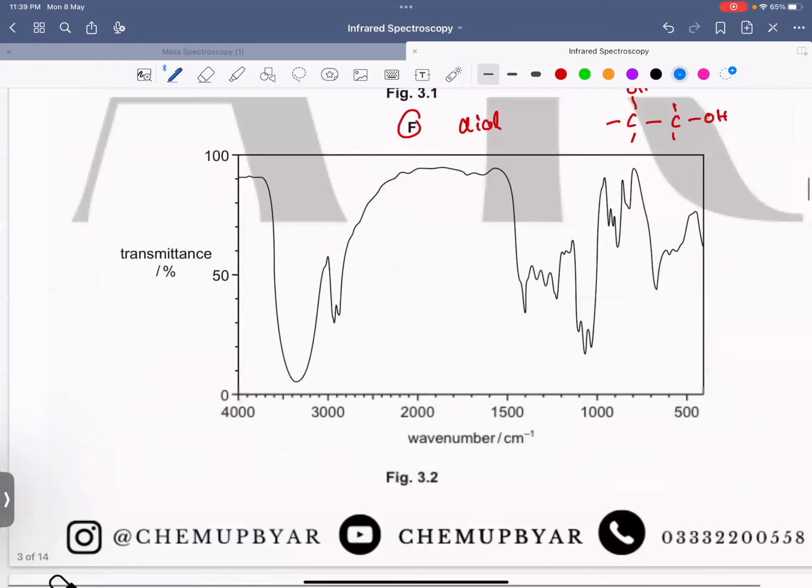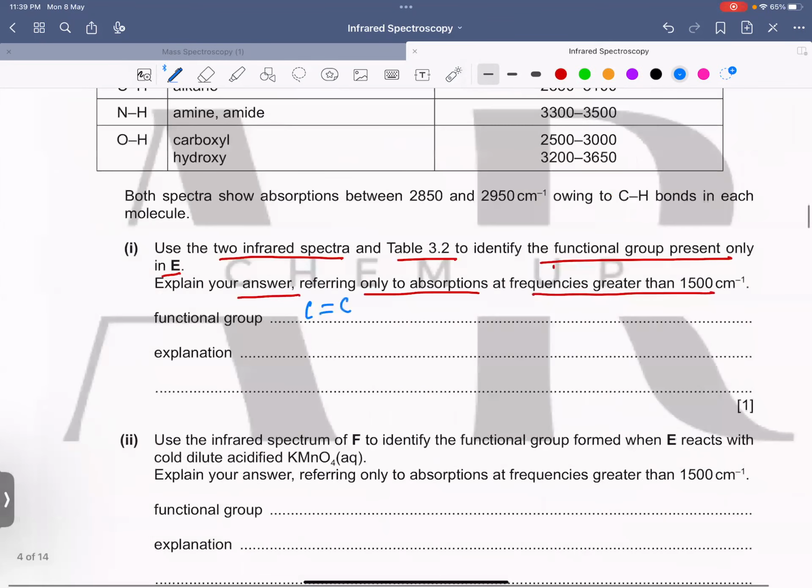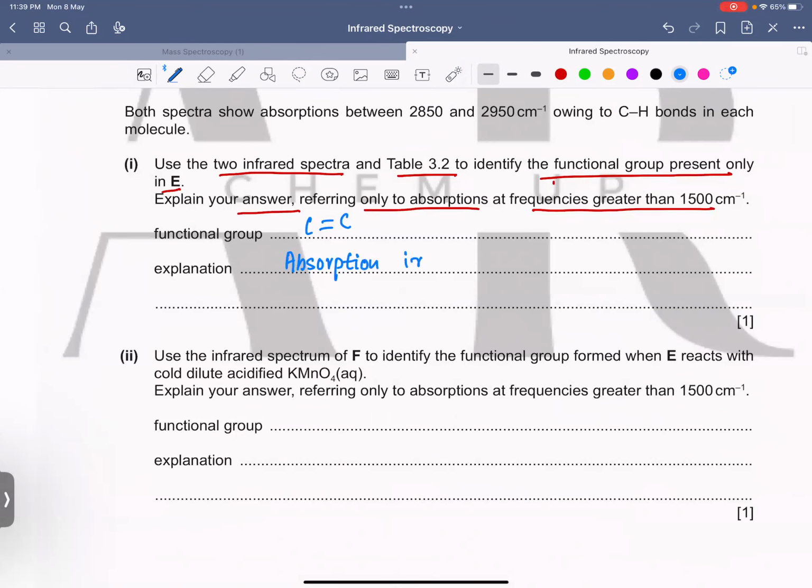So I will write in explanation that absorption in range of 1500 to 1680 centimeter inverse is seen in spectrum E. Is this understandable to everyone? Yes.